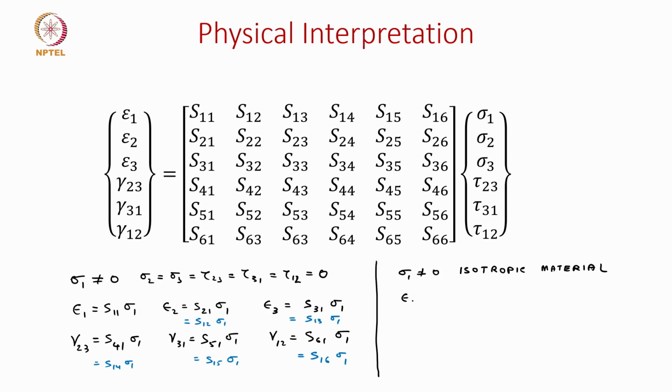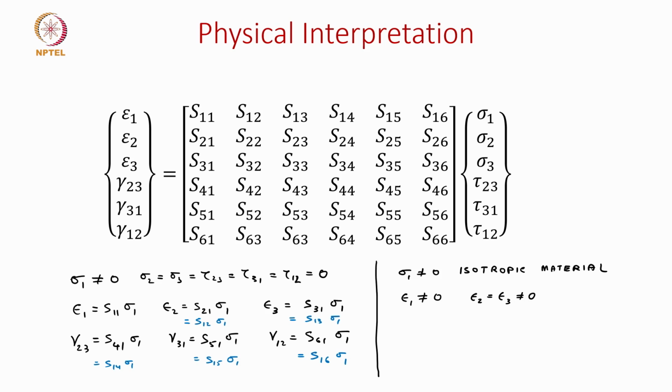In the axial direction of the load, we expect the strain to be non-zero, but what about the strains in the transverse direction? We know that the strains in directions 2 and 3 are non-zero, but these two strains are equal for an isotropic material, meaning epsilon 2 equals epsilon 3, and both are non-zero.